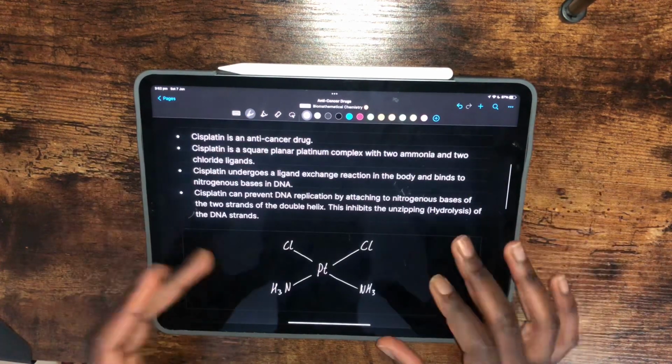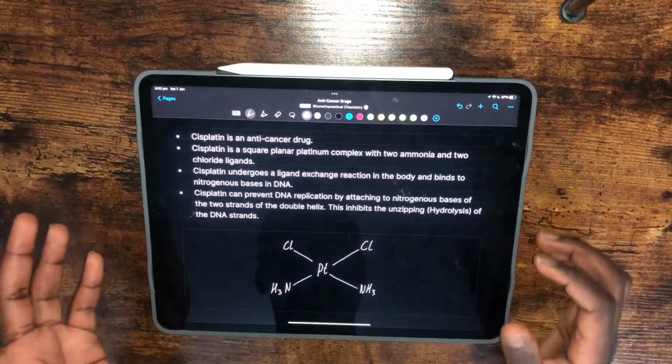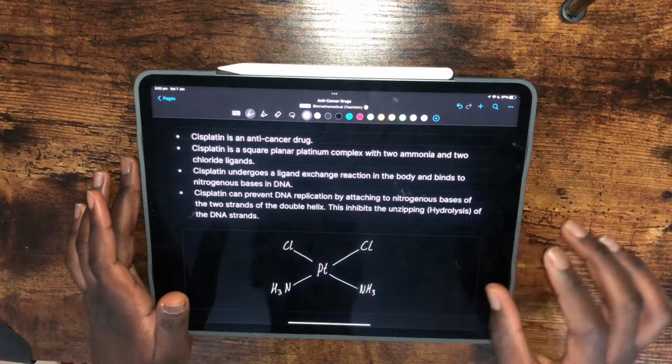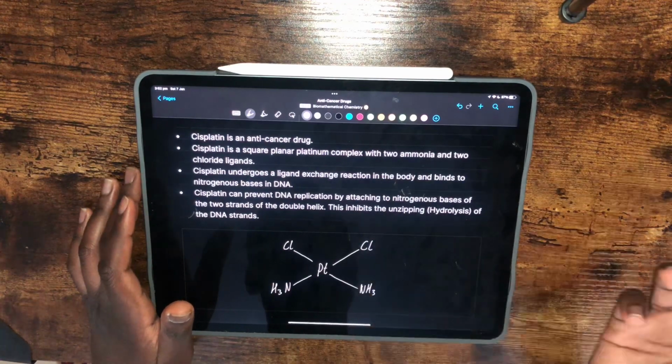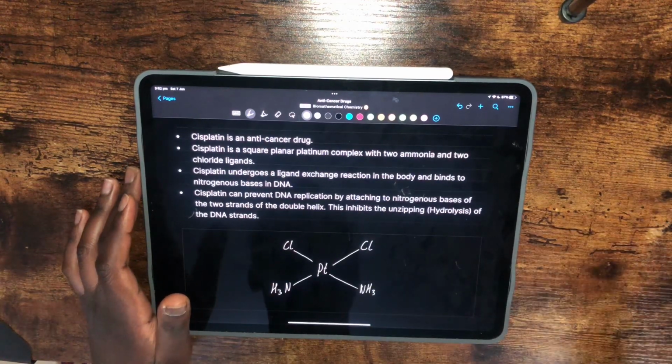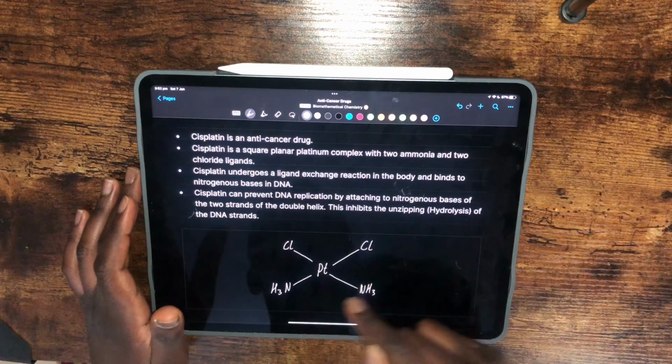So this is what cisplatin actually looks like. It has the same side arrangement. By the way, there is something called transplatin, so if you know about E-Z isomerism or anything like that, cisplatin is on the same side.